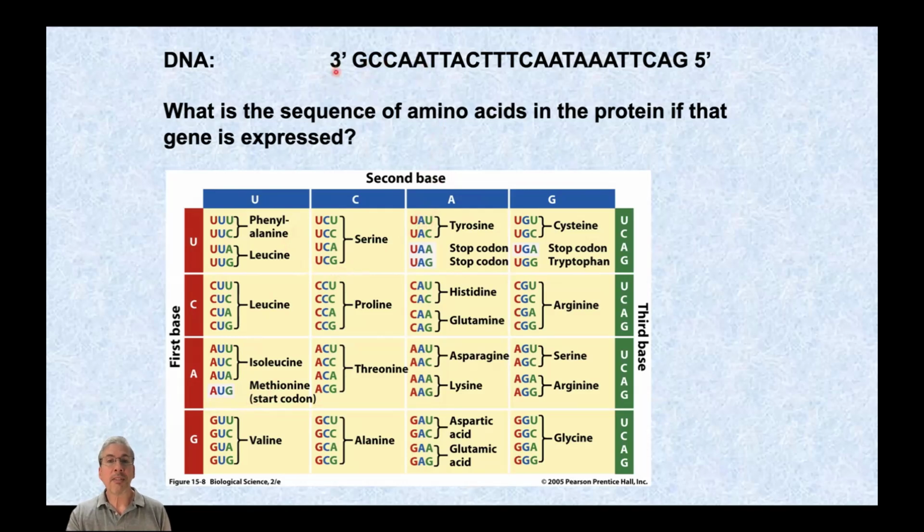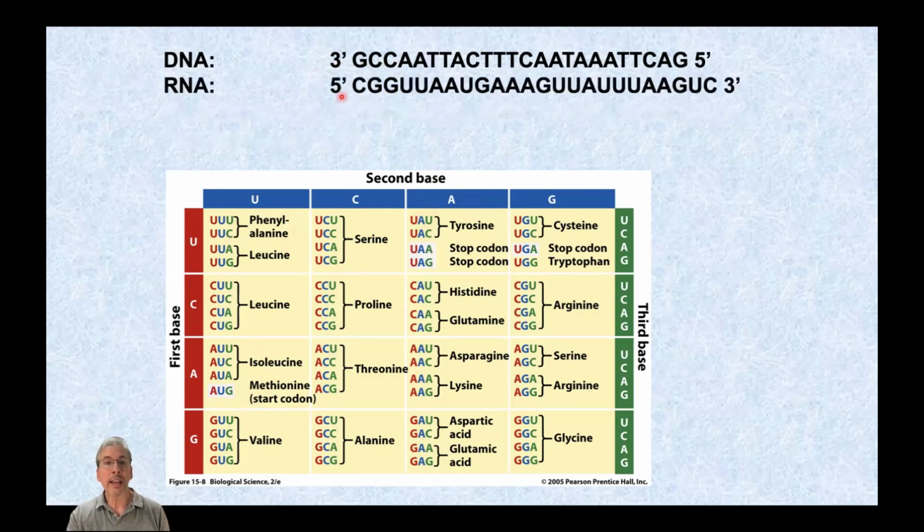If you see a DNA sequence, your first step is to transcribe it into a complementary piece of messenger RNA. In that case, it would look like this. Again, keep your 5's and 3's in mind. The complement of the DNA would be CGG, UUAA, and so forth. That's your messenger RNA sequence.